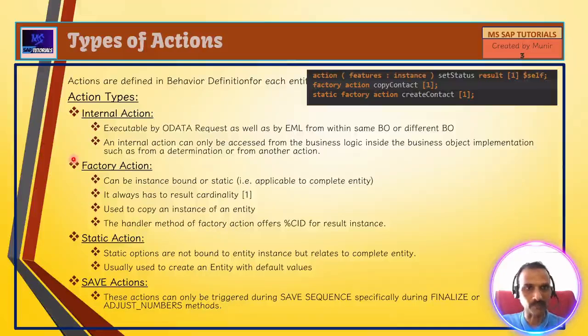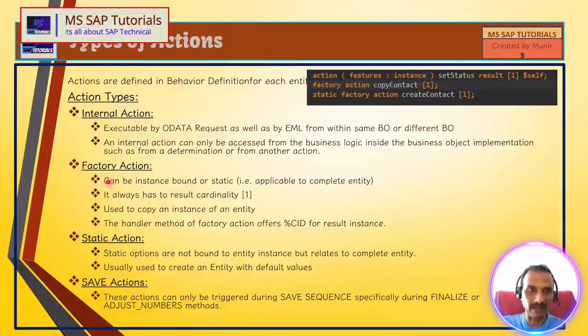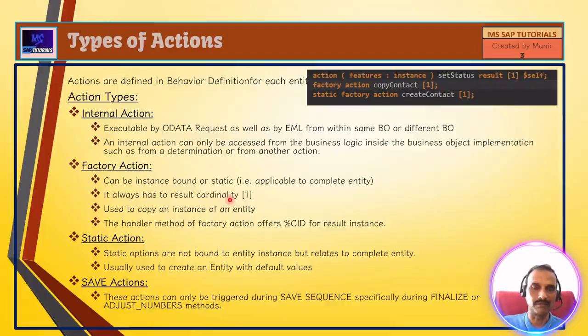There are other types of actions also called the factory actions. Factory actions can be used to create a copy of an instance of an entity by giving default values to it.